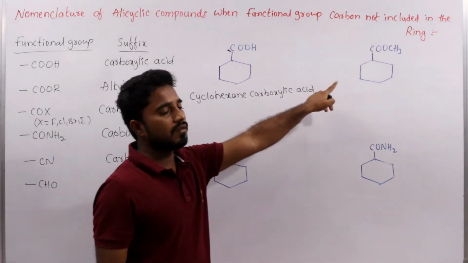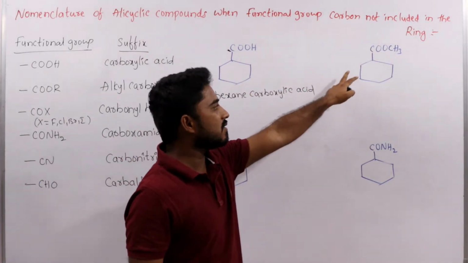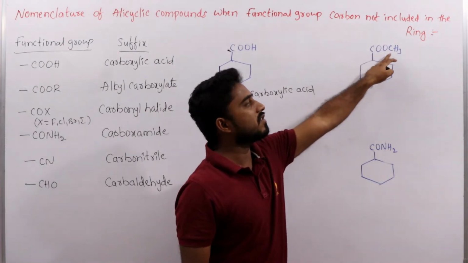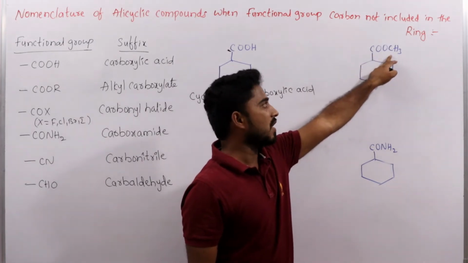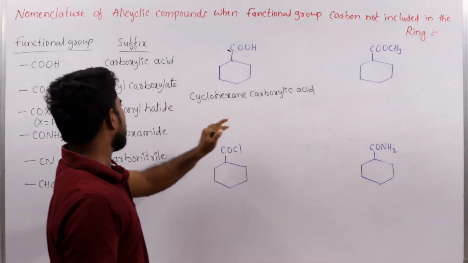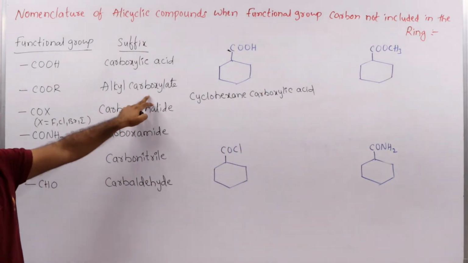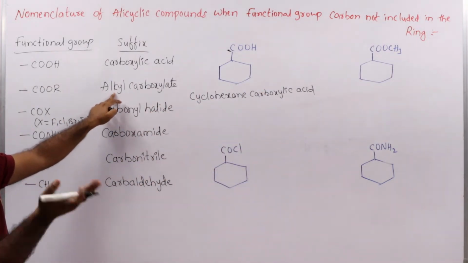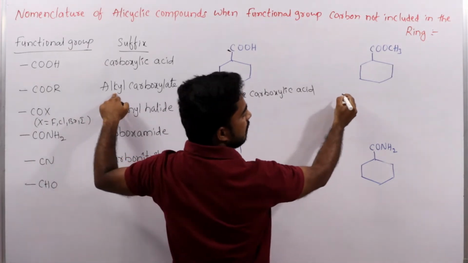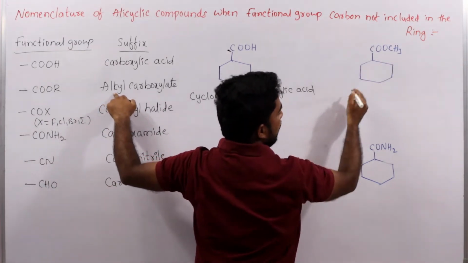If you take this molecule, here also a cyclohexane ring is there. The cyclohexane ring is bonded to the COOCH3 ester functional group. Here the alkyl group is methyl, CH3. Then we have to use the suffix alkyl carboxylate. This alkyl group we have to write first, before the cyclohexane. Here which one is alkyl?